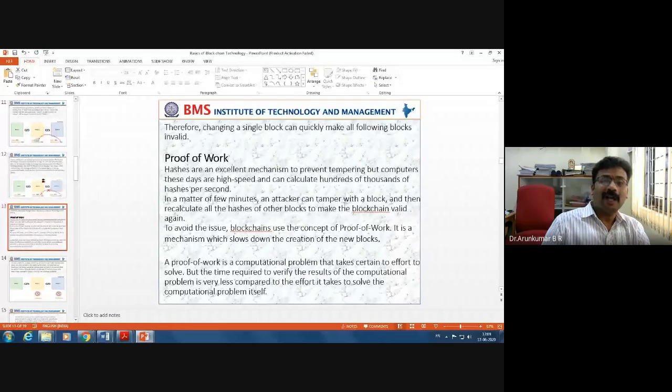A proof of work is a computational problem that takes certain effort to solve, but the time required to verify the result is very small compared to the effort it takes to solve the problem itself. Creating a block may be quick, but solving this puzzle takes time.